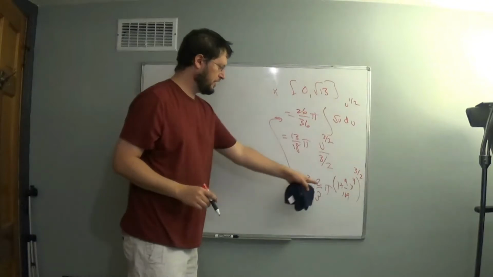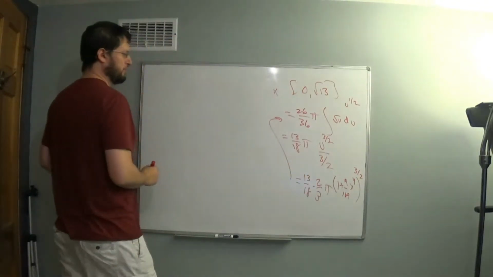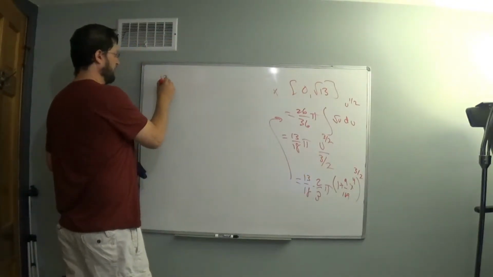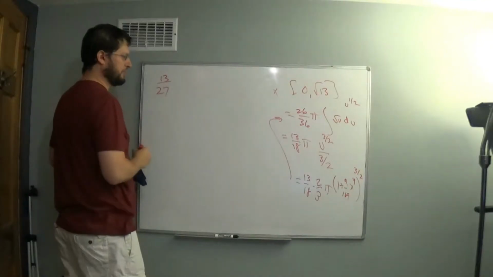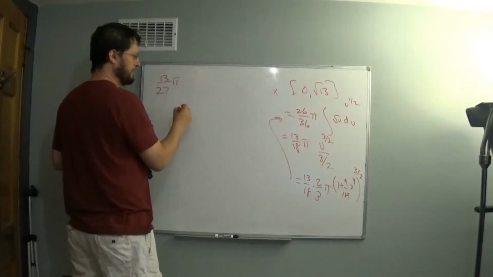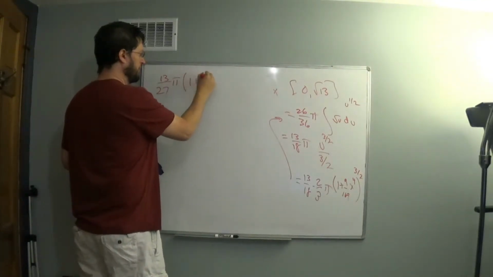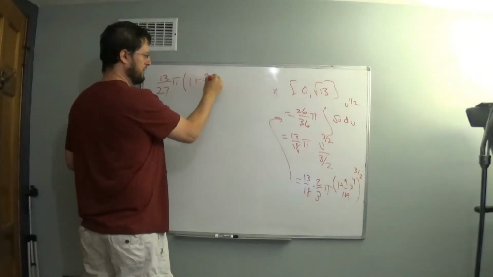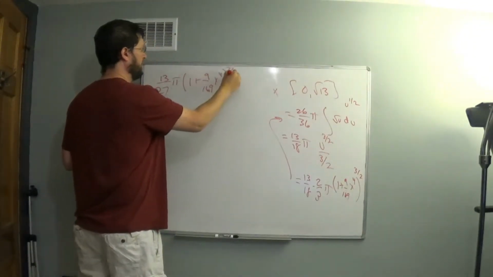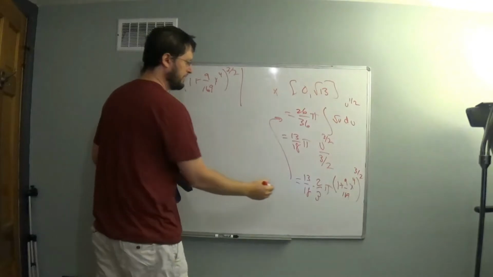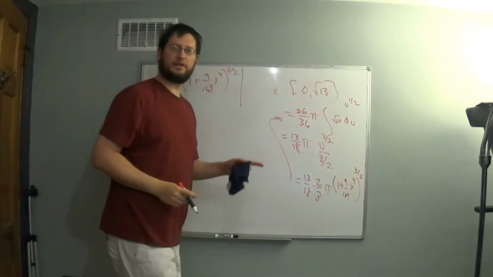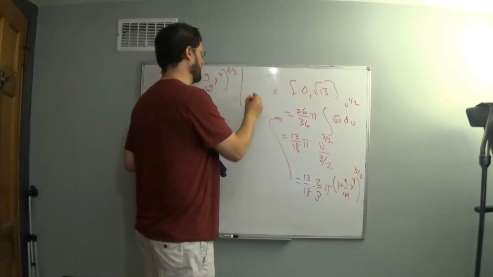Simplify our fractions. 2 over 18 is 1 over 9. So I get 13 over 9 times 3, which is 27, times pi, 1 plus 9 over 169 x to the 4th, raised to the 3/2. All evaluated, so remember this was really all evaluated from x equals 0 to the square root of 13.